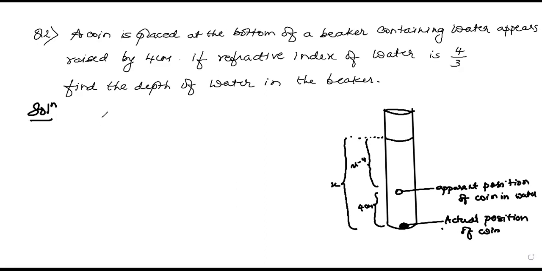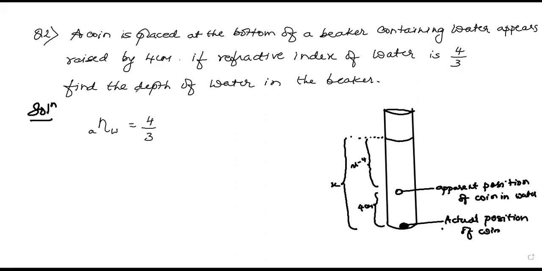By default, they'll only say refractive index of water, but you should understand that by default it is the refractive index of water with respect to air. This is always 4 upon 3, and it will always be greater than 1.